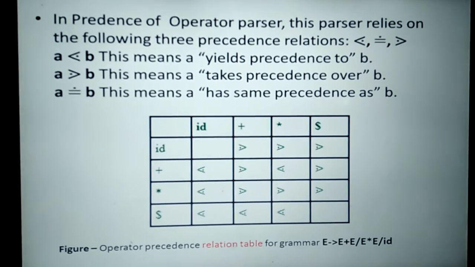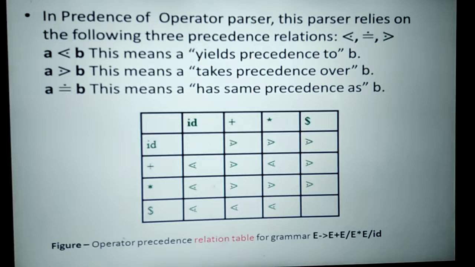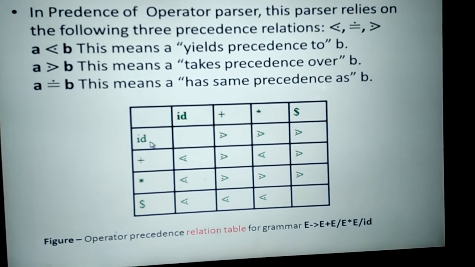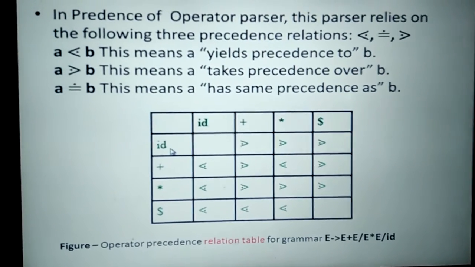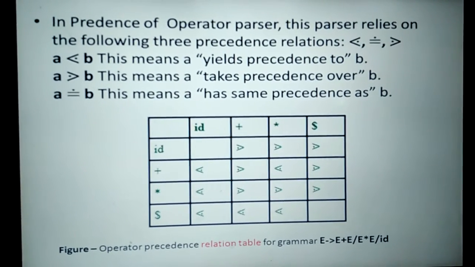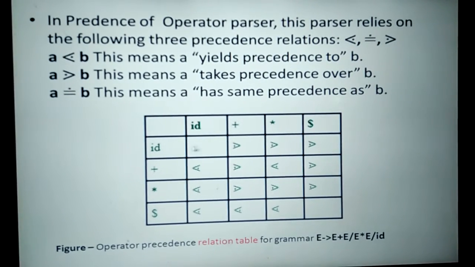Like, if the production has identifier to identifier, in the sense it is already a successful expression.